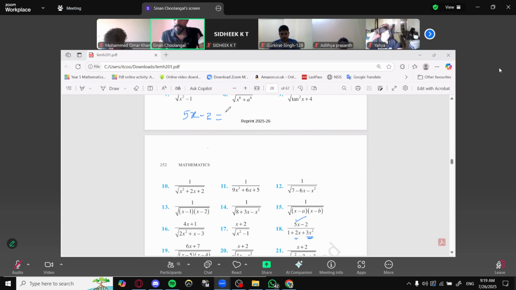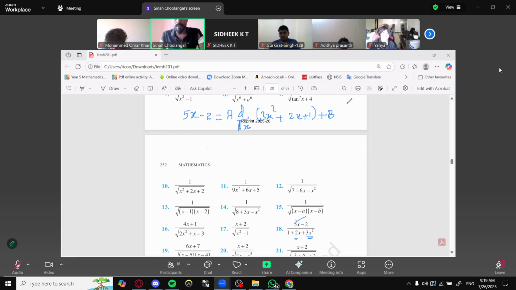5x minus 2, you just have to make it in procedure format: A d by dx of the denominator, what we are having, 3x square plus 2x plus 1, plus B. This is the procedure I have given.